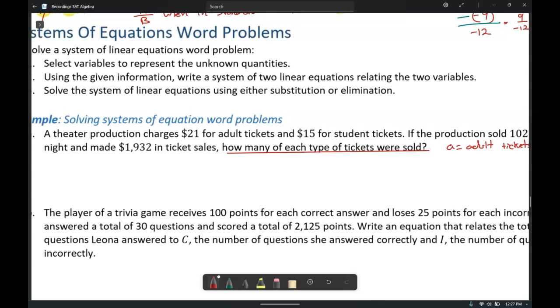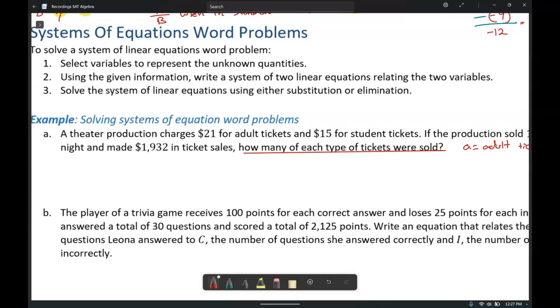So we have to think about the scenario that we have here, and we want to try to model it. Well, we're selling tickets. So the number of adult tickets and the number of student tickets has to be the same as total tickets sold.